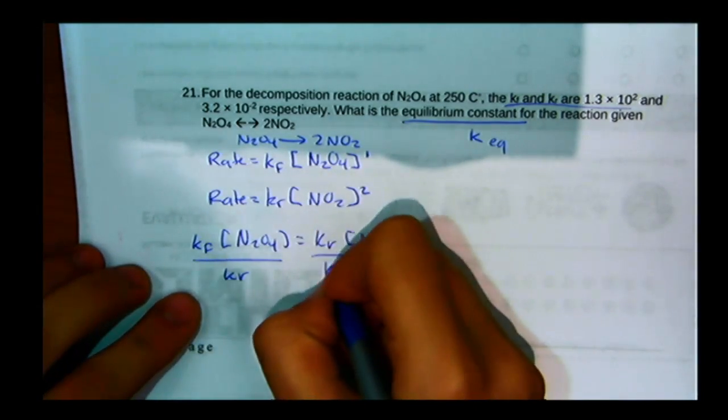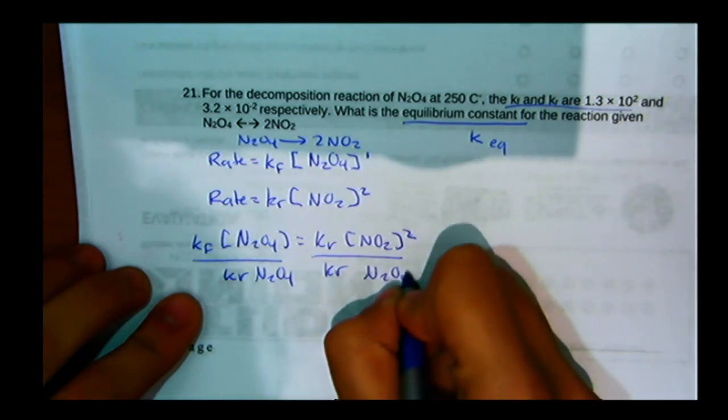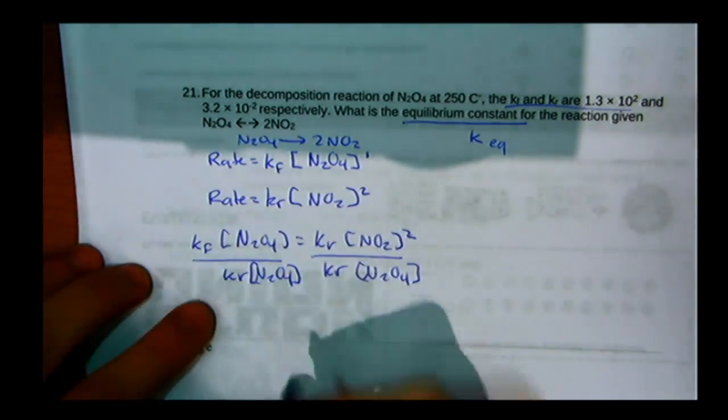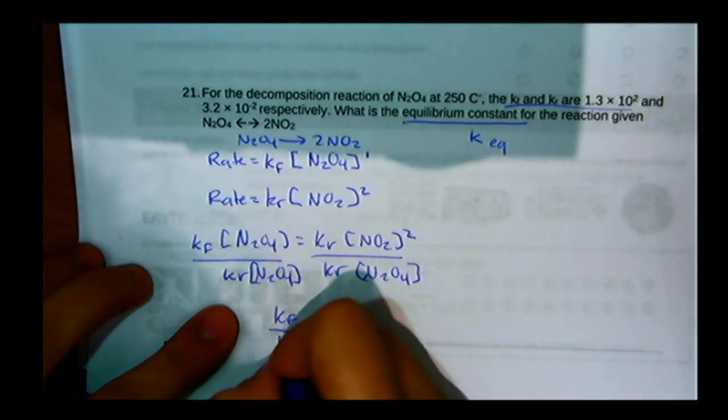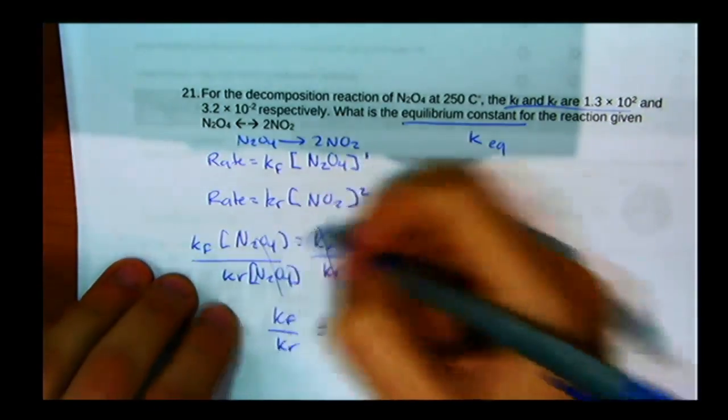This crazy math that I didn't really design very well. So it would be Kf over Kr, because they don't cancel out, equals NO2 to the power of 2, with N2O4 on the bottom, right?